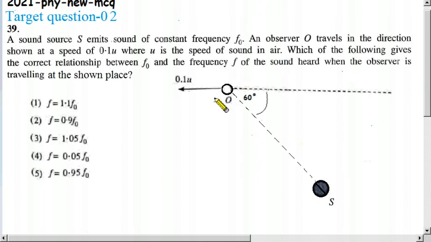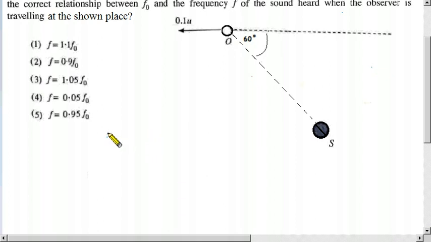This observer is moving away. If the observer is moving, the equation is f equals the bracket term as the numerator, then v, then f naught. If it is moving away from the source, you can see it is moving away like this, the frequency must decrease, therefore here v minus u should come.